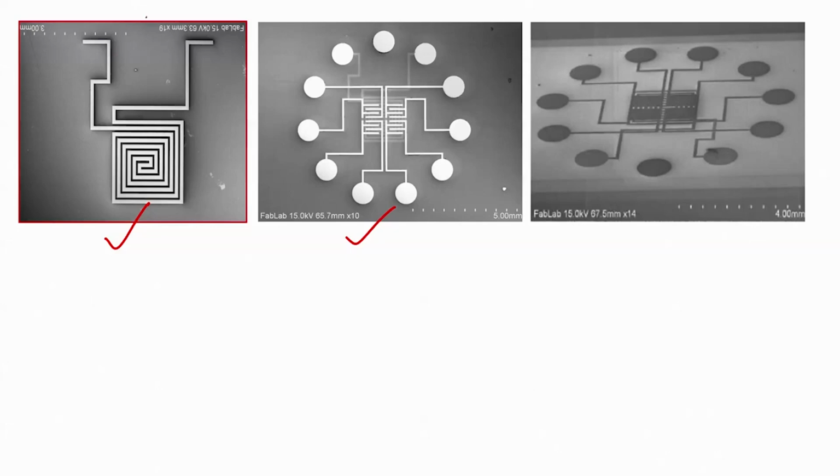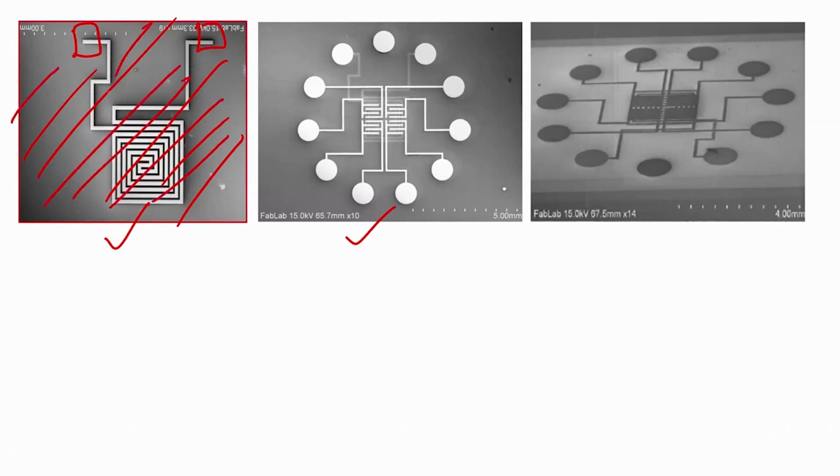We also saw that we have to create a window to open this area and remove the insulator from it, so that we can have an external contact. You can see here the contact pads for the micro heater.